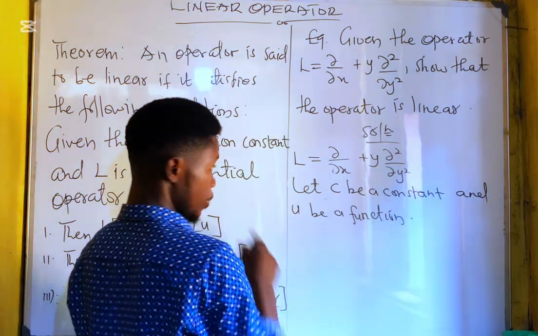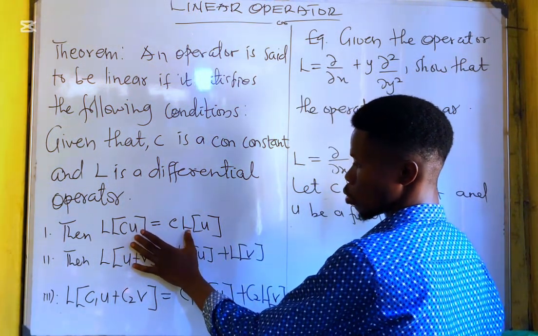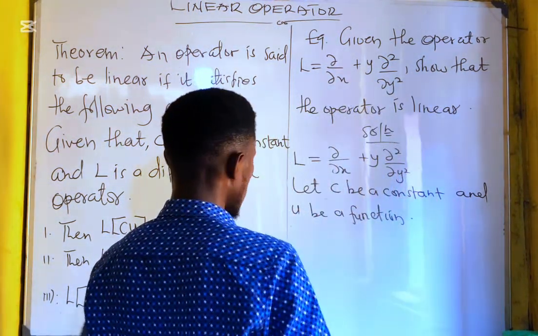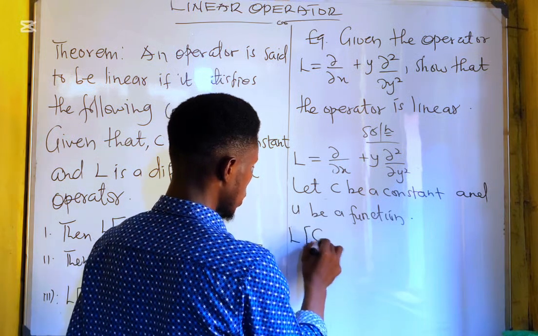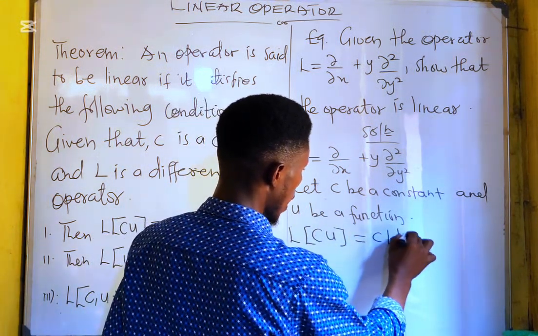Looking at this one, you want to test this law. First, L of CU should give us C times LU.